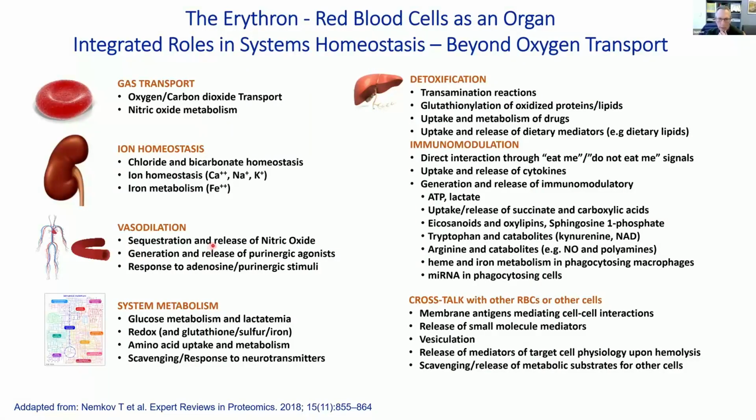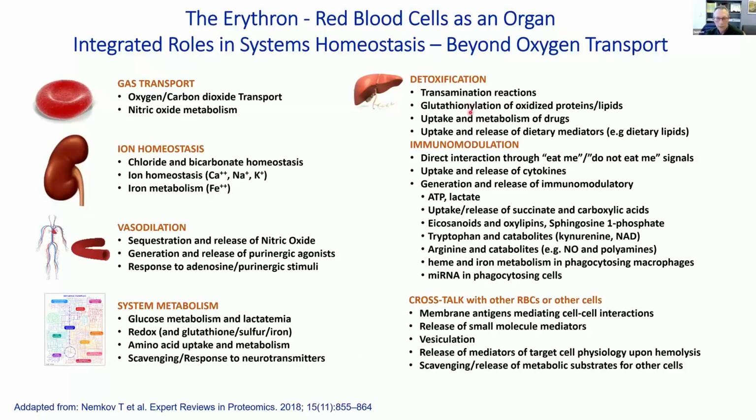vasodilation as far as interactions with nitric oxide, ATP, as well as the vasculature. Overall system metabolism: glucose, redox, glutathione, amino acid uptake.